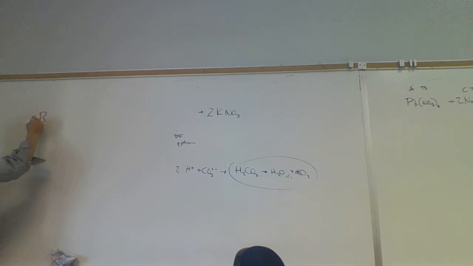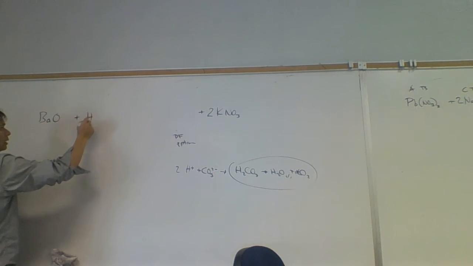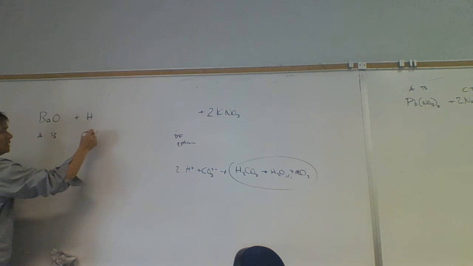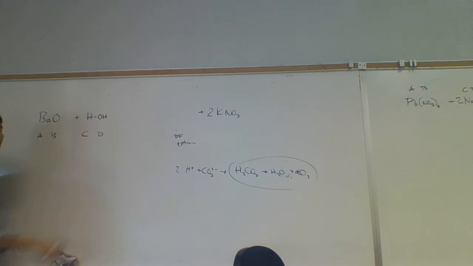What's the formula for barium oxide? BaO2? No, sorry, it's just BaO. So barium oxide, BaO, is added to water. Water is H2O. But metathesis in this form follows this AB plus CD pattern. Now with water, if we call CD HOH, then it's okay.